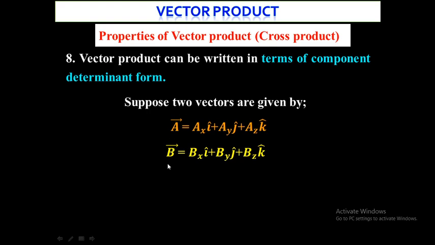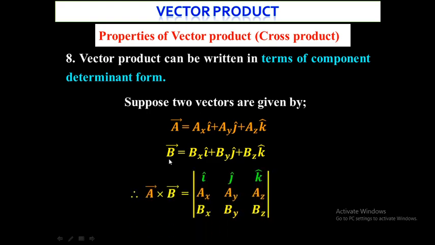If we take the cross product of vectors A and B, we can write it in terms of a determinant in component form. A cross B is written with the unit vectors i, j, k in the first row, the components of vector A, ax, ay, az, in the second row, and the components of vector B, bx, by, bz, in the third row.